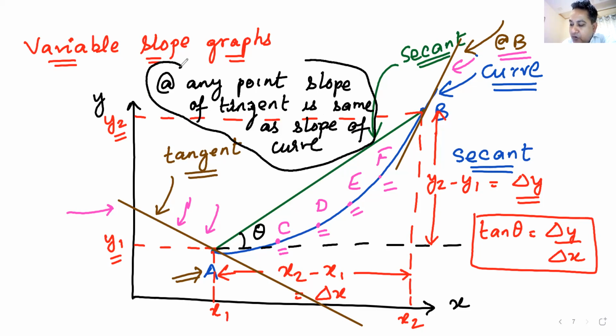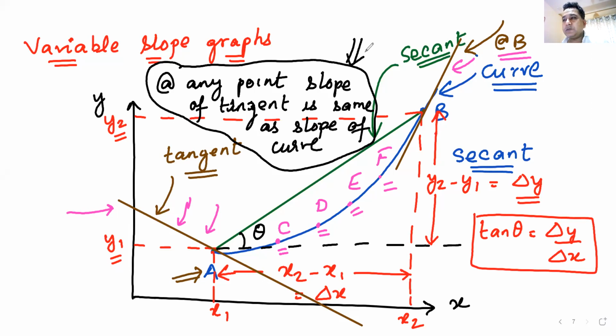At different points, I can draw different tangents. And those different tangents will have different slopes, as you can see, A, B, C, D, and all. The slope of a tangent at any point on a curve is also the slope of the curve. That means this curve does not have a constant slope.